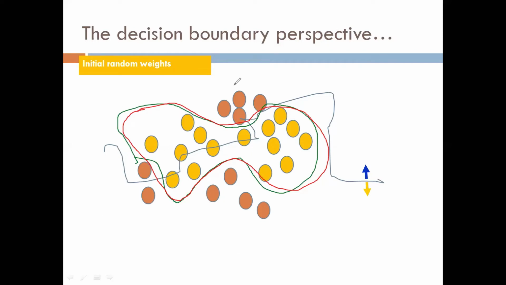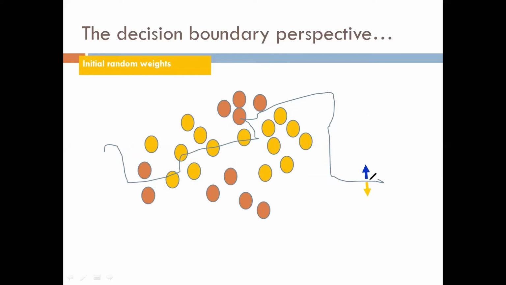But in our algo, what is happening? You don't have any decision boundary initially. If you see this particular decision boundary, it is not perfectly separating out both the data. Yellow and orange, some misclassification is happening. Suppose we consider that if below this decision boundary it is less than 0, and above it greater than 0, I am considering the orange sample as greater than 0, or the yellow sample as less than 0.